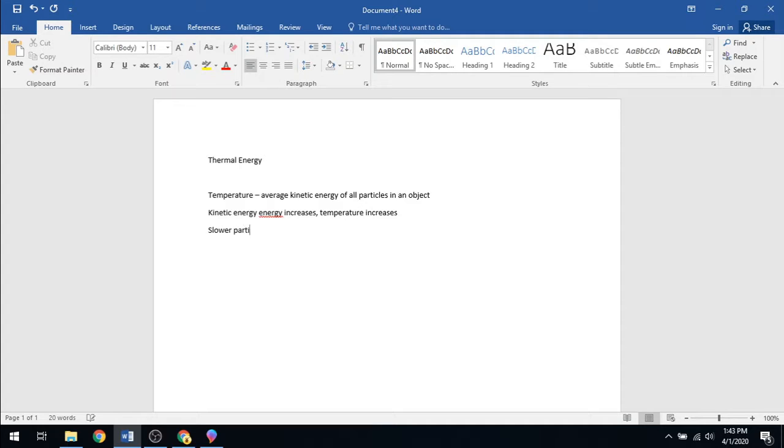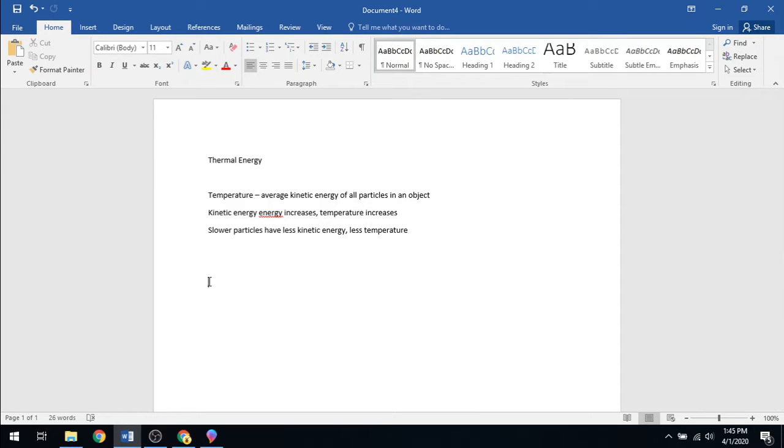Slower particles have less kinetic energy, less temperature. So again, as the particles move slower, the temperature will decrease. If the particles move faster, the temperature increases.